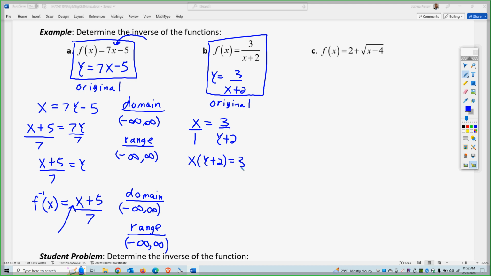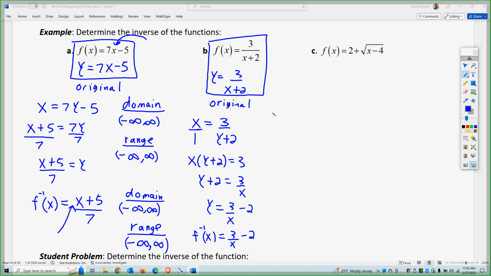So I'll divide by the x, so I get y plus 2 equals 3 over x. Then I'll subtract 2, so I get y equals 3 over x minus 2. So if I write that in function notation, the inverse of f is 3 over x minus 2.